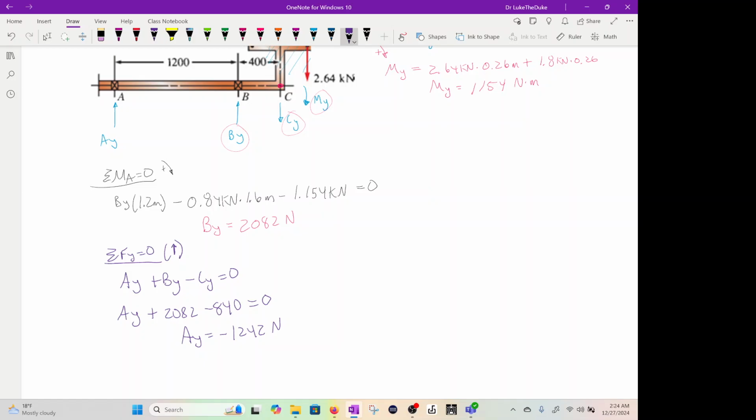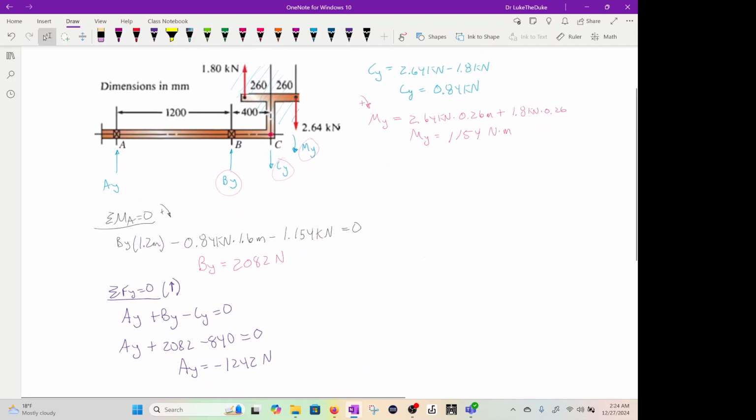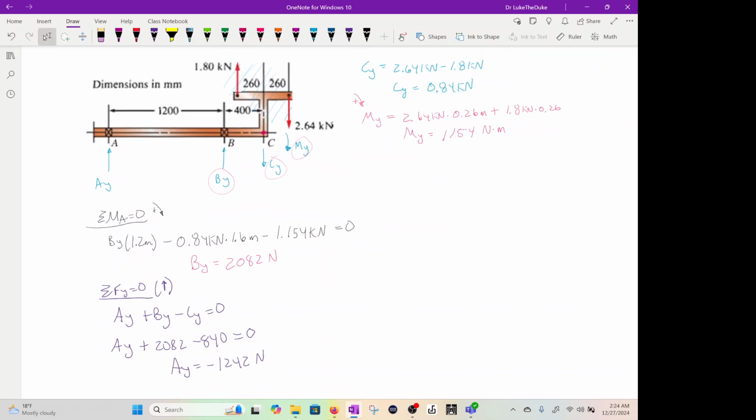So it's actually acting downward. Okay. So this is how you would set this up, and I'll do the shear and moment here in a second. Just move these forces, and if there's a moment, move it down to point C. Okay? And then use those in your moment equations and your forces to find your reactions.